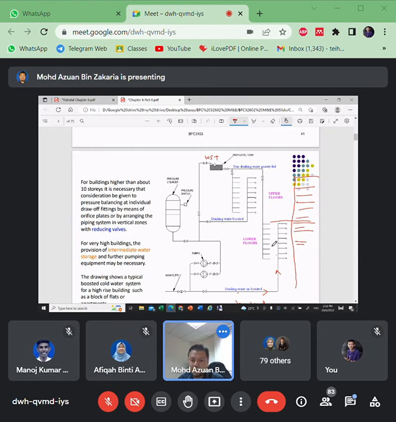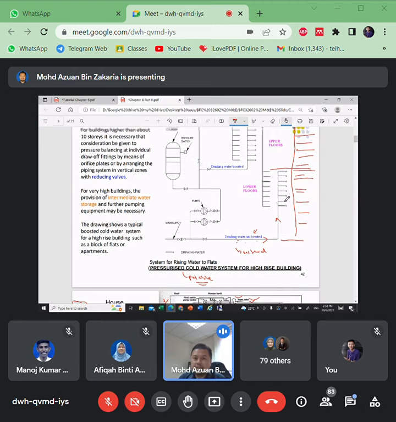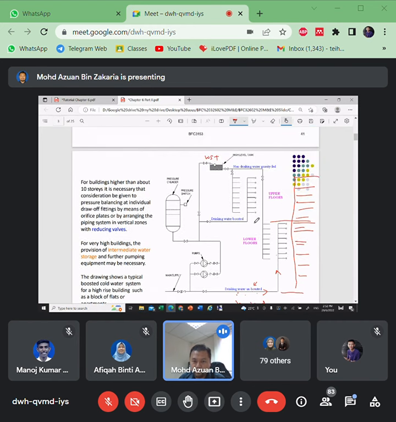So that is the pressurized cold water system. In the bottom part, this level is called unboosted, because the height is not too high, so the water pressure is enough to send the drinking water to a certain level. That's why the bottom levels can have unboosted drinking water. Meanwhile, in the middle and top parts of the building, we require a pressure cylinder, additional equipment.